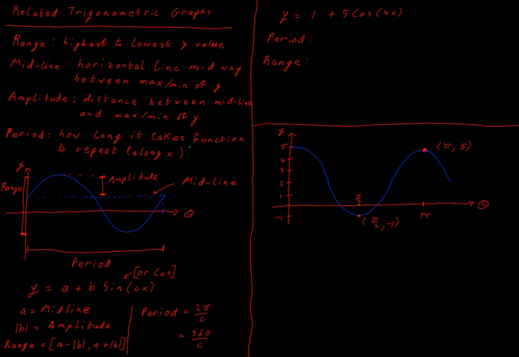And finally, we have the period that we've already talked about. The period is how far we go along in the angle direction, or in the x direction, before we start repeating the function. So this function is a periodic function. It will keep going past the period that I have drawn here. I can see that this is a sine wave because it starts off at 0 and rises up and then goes down.